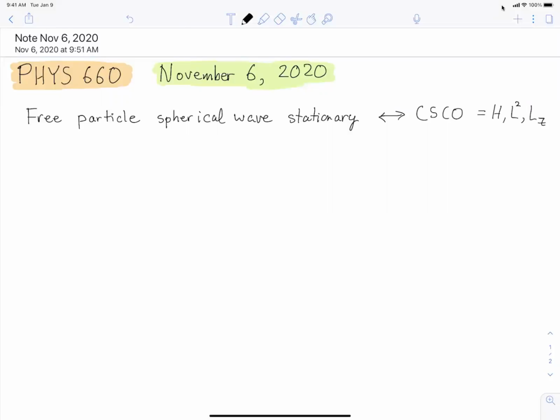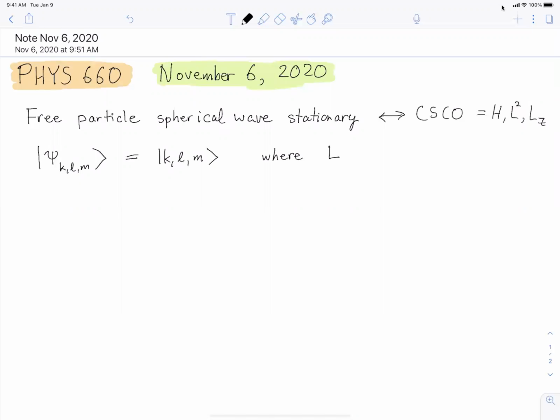Okay, and then there are kets that describe these stationary states, which we could write in a variety of ways. So one way would be like this. We're labeling by a number k, or we could just write it as the labels KLM within the ket. Last time I think I used E, but it doesn't matter because there's a one-to-one correspondence between E and k.